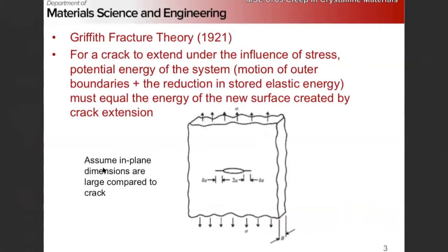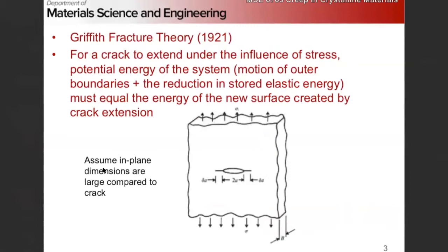If this sample breaks completely, what happens to my stress? Goes to zero. My stored strain energy is all released. The penalty for that is I need to make an interface here. So our source of potential energy is our motion of outer boundaries and our stored strain energy in the system.